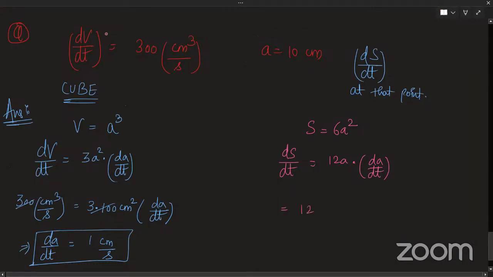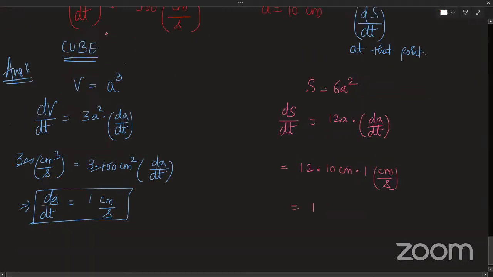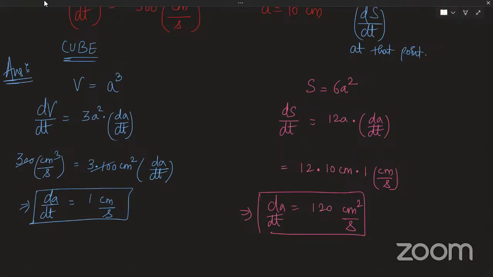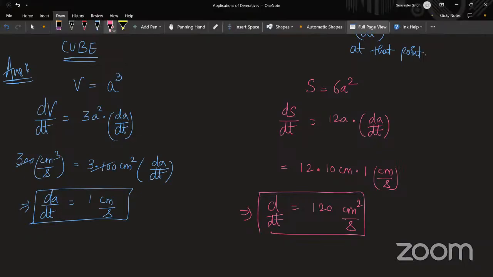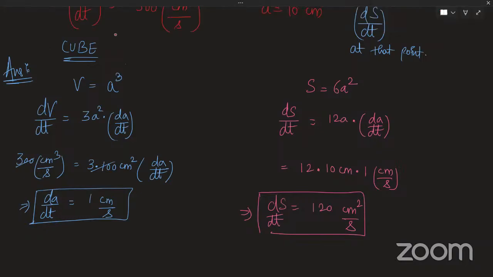So 12 into 10 centimeter into 1 centimeter per second gives 120 centimeter square per second. This is my final answer of dS by dt. Sorry, I had written dA by dt; it should be dS by dt. Okay, fine.